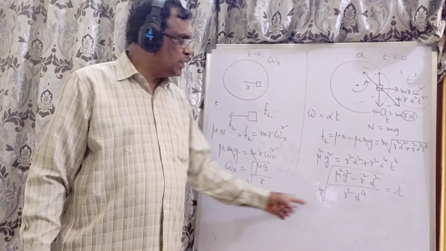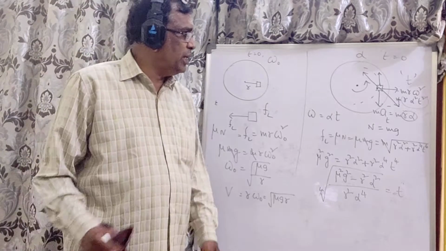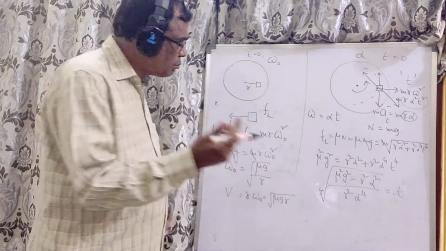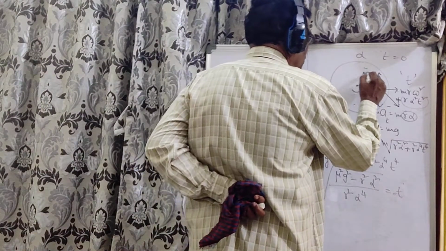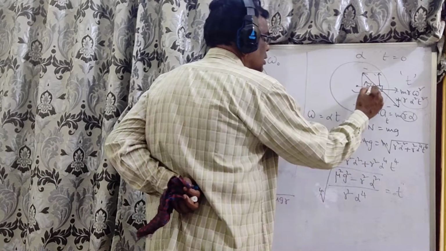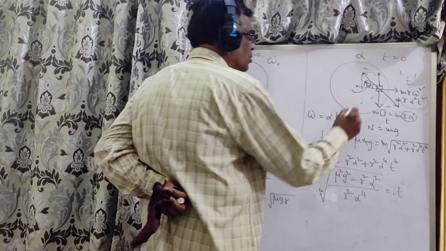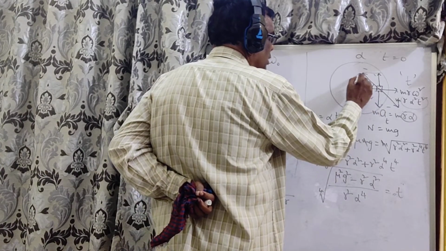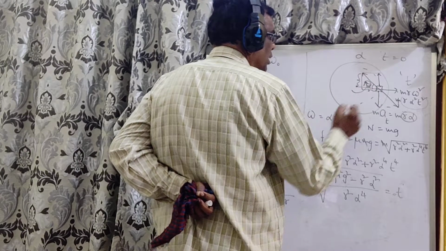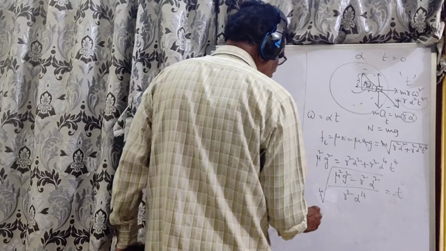Hell of a difference between these two cases. We have to be very, very careful. And if they ask you at what angle does the friction act, let us take it as theta. So tan theta is this divided by this. And this is m r alpha.